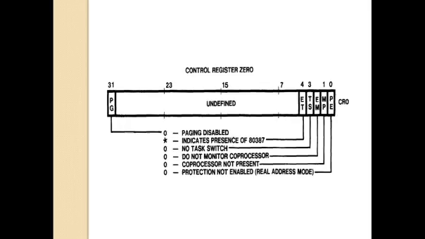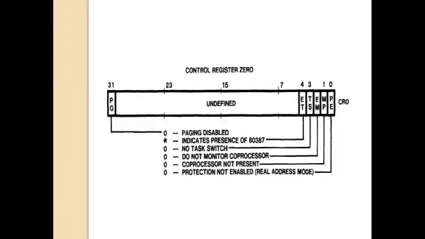Next, control register. As 386 has control registers, 4 control registers CR0 to CR3. In that, the control register 0 contains value as shown in the diagram. The ET bit of CR0, that is the fifth bit, if it is set, it means 387 is present in the configuration, that means it is connected with the 386.